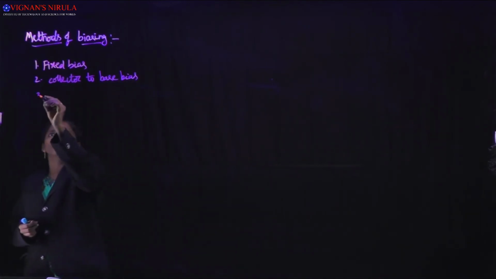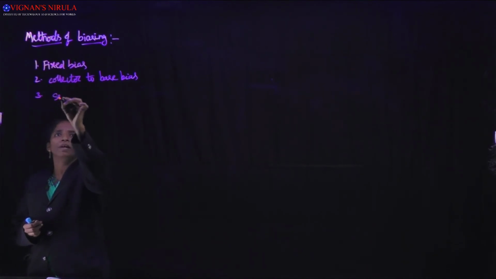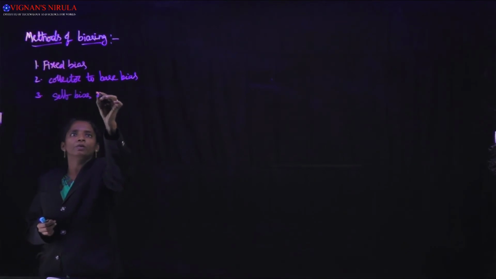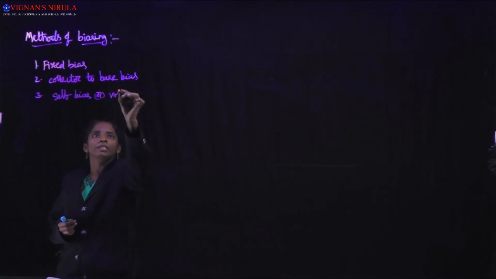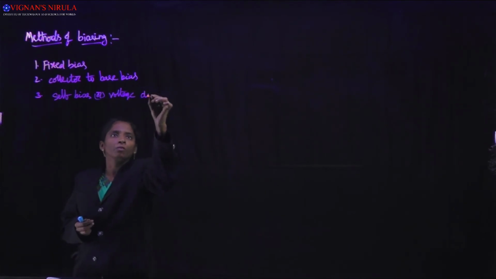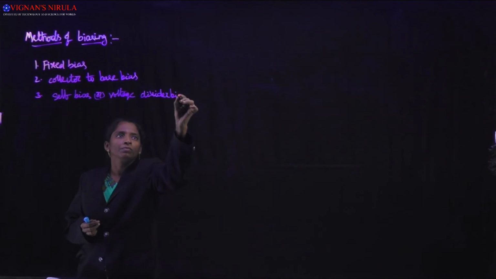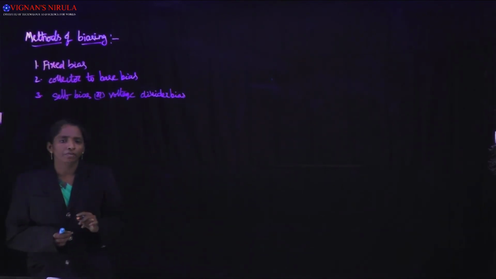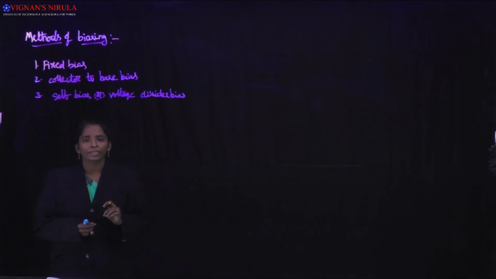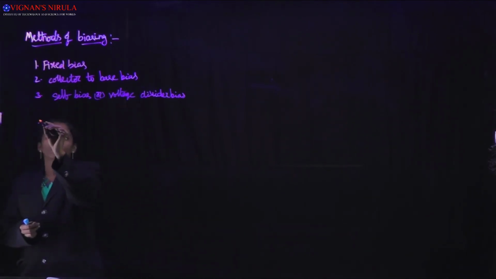The third one is self bias, which is also known as voltage divider bias. Now let us see the explanation one by one. First one is fixed bias.